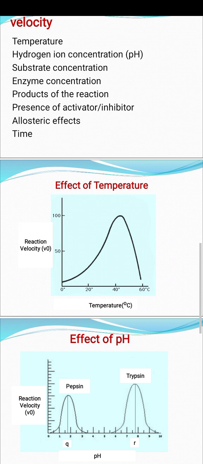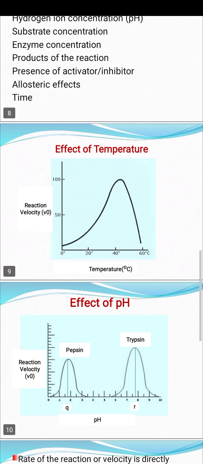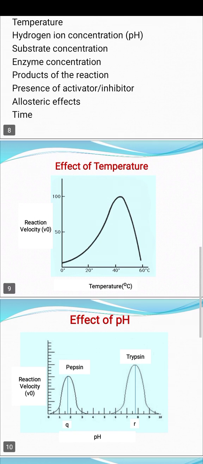For example, enzymes of various species of thermophilic bacteria inhabiting hot springs are still active at temperatures above 85. Some enzymes like ribonuclease lose activity on heating but quickly regain it on cooling.